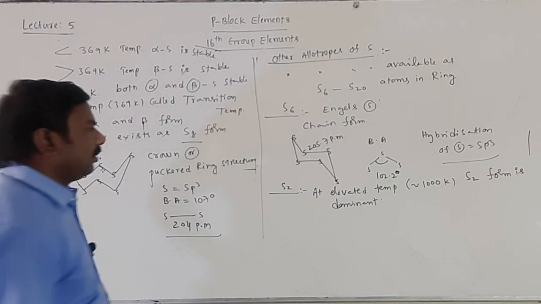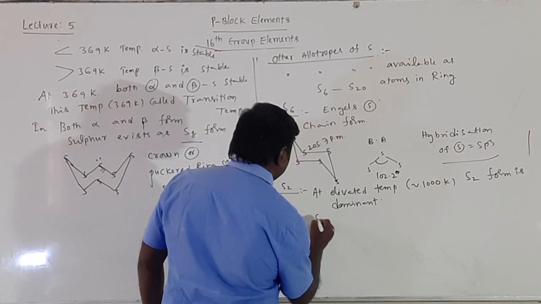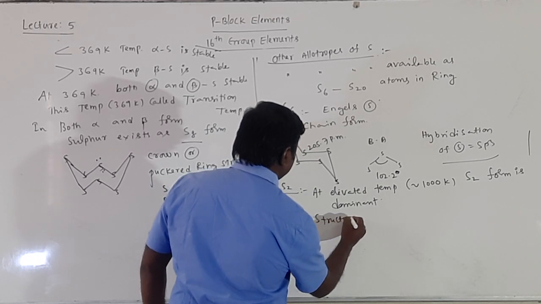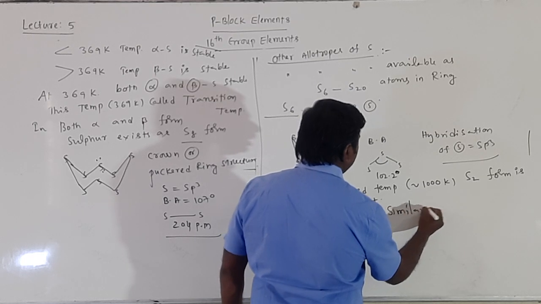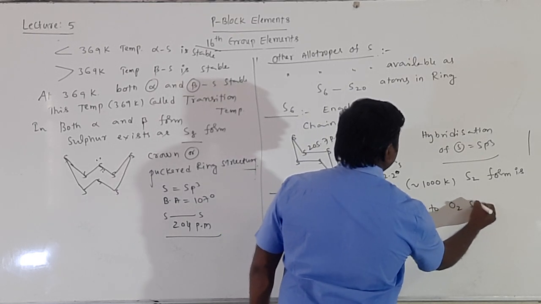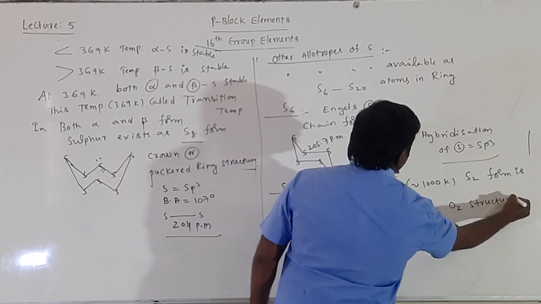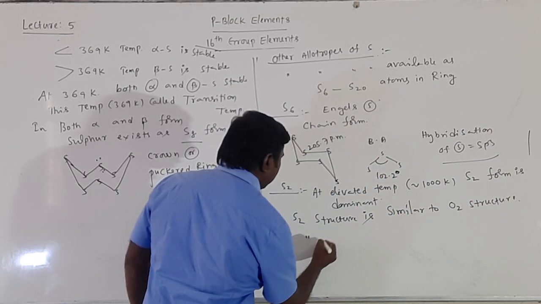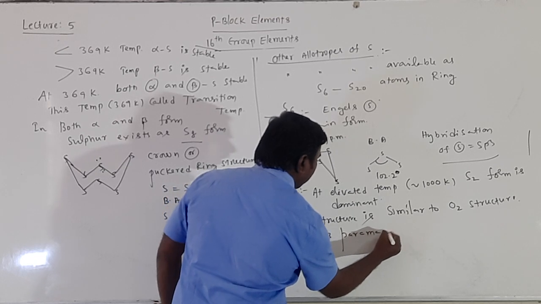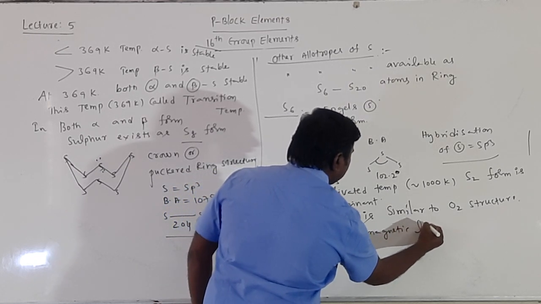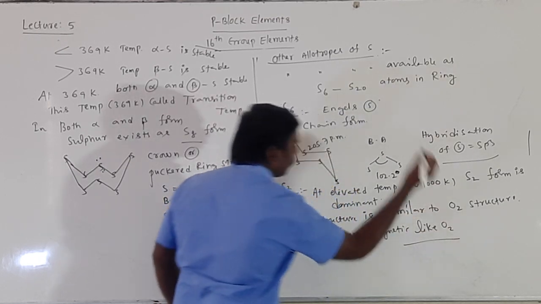S2 structure is similar to O2 structure. So, S2 is paramagnetic like O2.